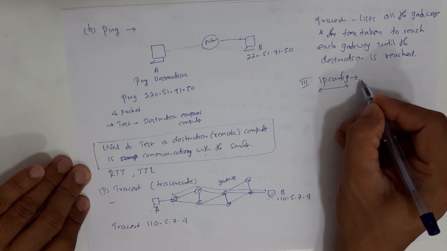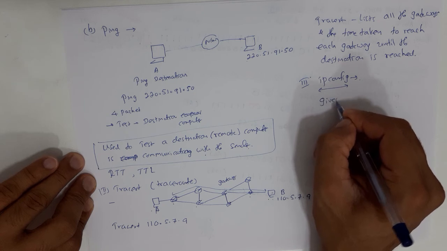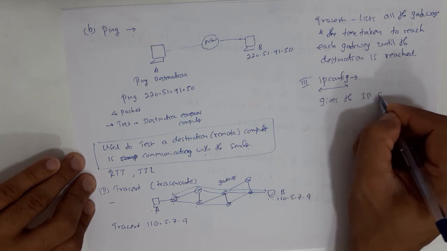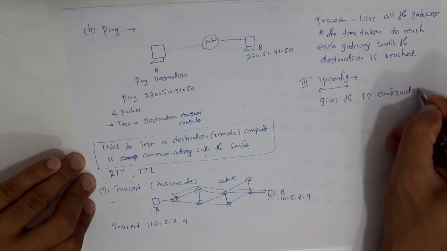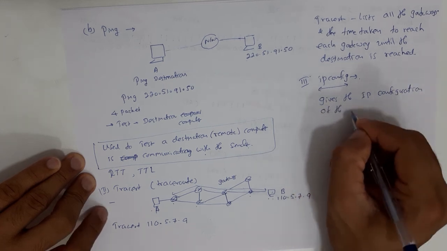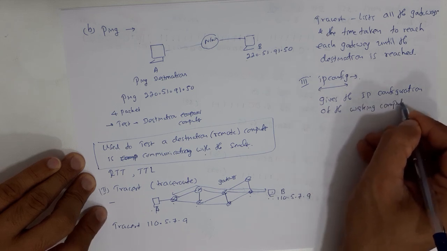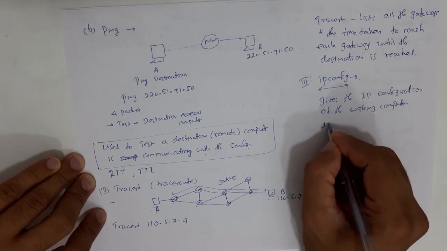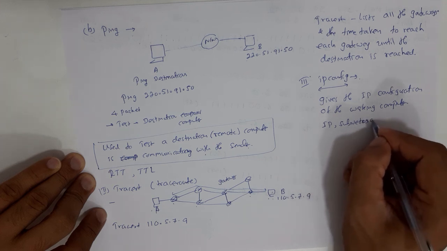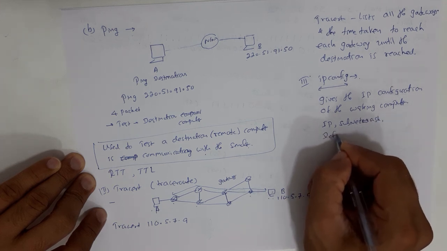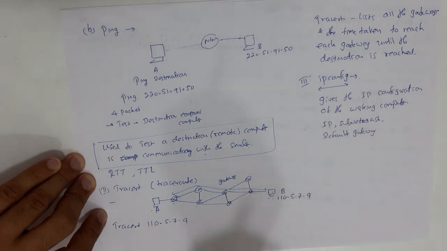Once you execute ipconfig, it gives the IP configuration of the working computer, which may be the IP address, subnet mask, then the default gateway. So these are listed from the ipconfig command.